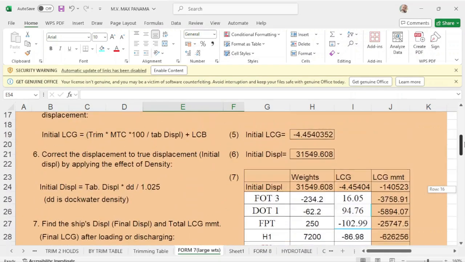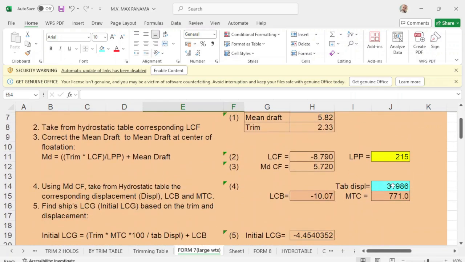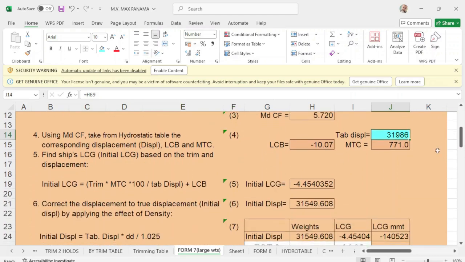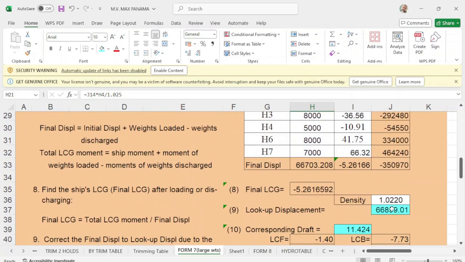Okay guys, take note of this program, or take note of this number 6, the formula here. Take note of that one, and this one also. This is number 8.